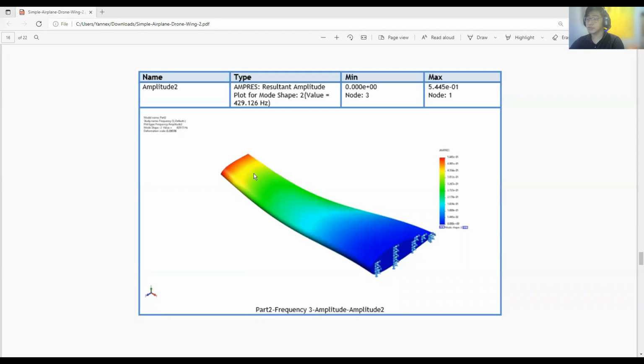Because of the great stress applied to the tip of the wing, this part of the wing curved or bended, which is commonly known as a wing flex.